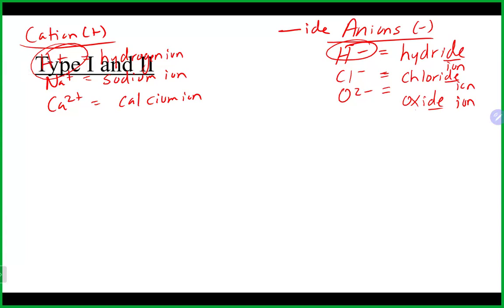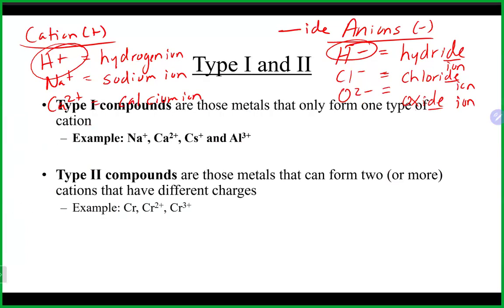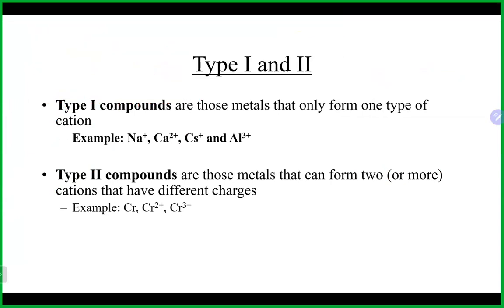Okay, so let's talk a little more about type 1 and type 2. Now, what makes something a type 1 or type 2? As I mentioned before, it is an ionic compound, and always when that metal is in the mix, it is really the one that you want to look at. So what makes something a type 1 or type 2 is actually the metal.